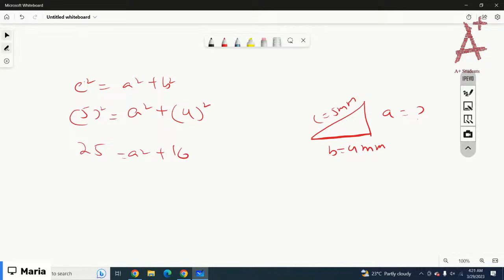Move 16 to the other side. 25 minus 16 equals A square. 25 minus 16 is 9. It would be A square equals 9. So square root both sides, then A equals 3. So the missing side length equals 3.